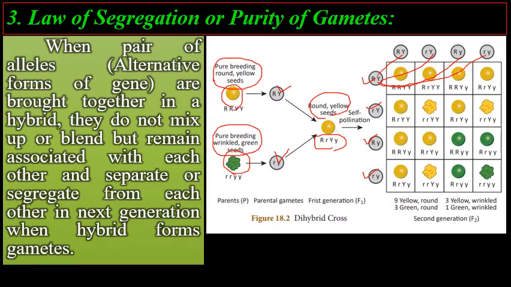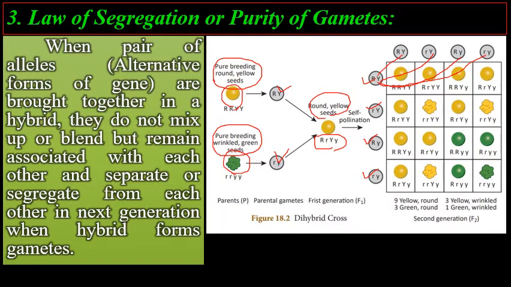They produce hybrid round yellow seeds, and it goes on. So with the help of this entire square we can see the results of the F2 generation.